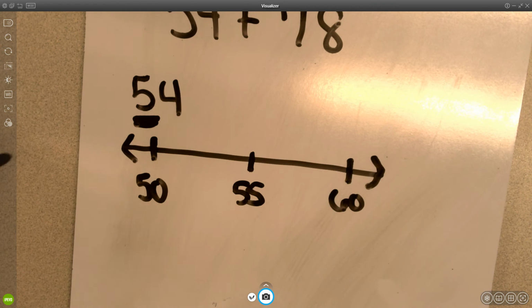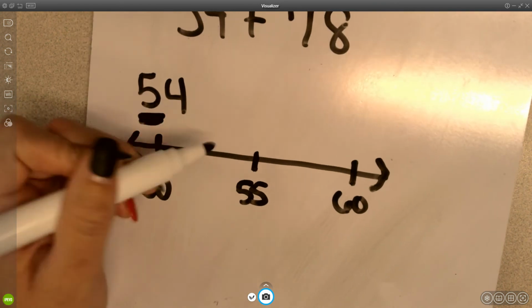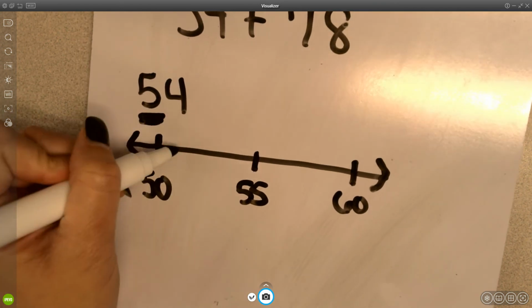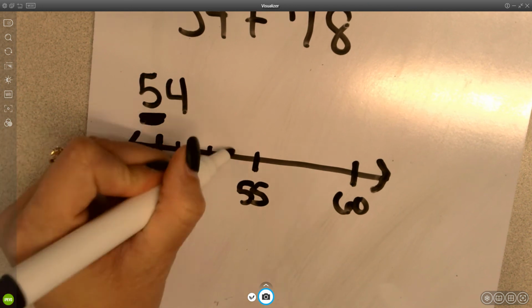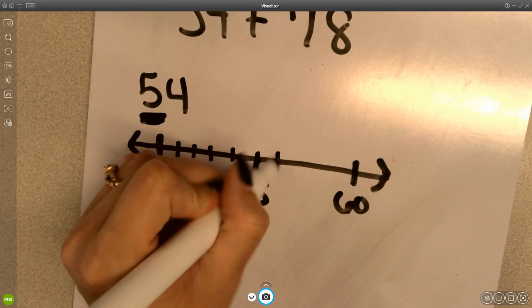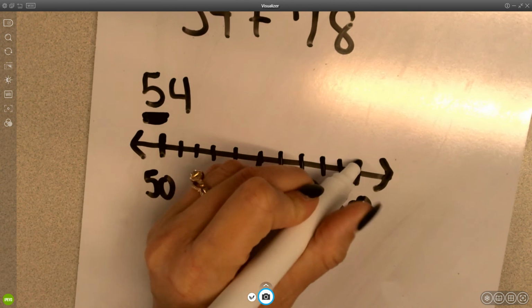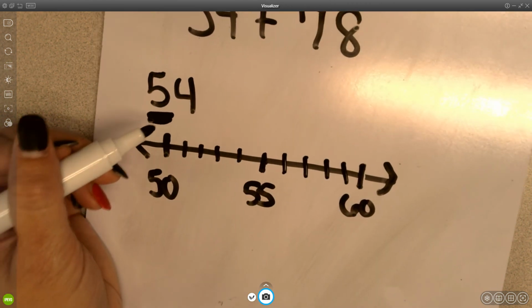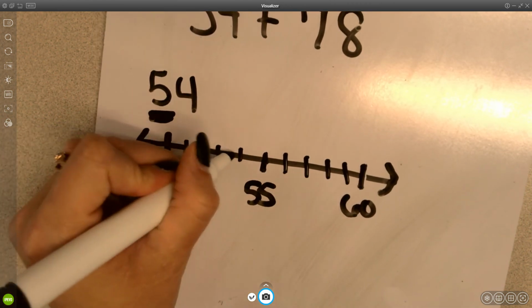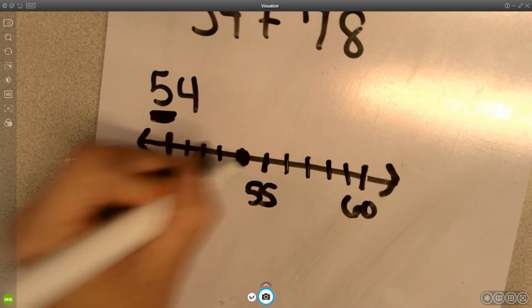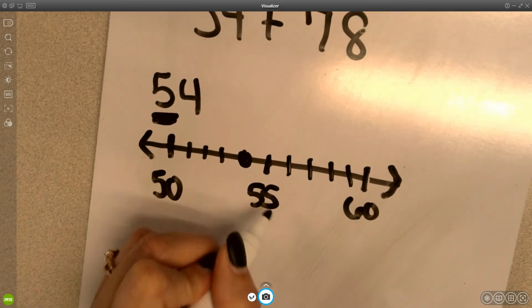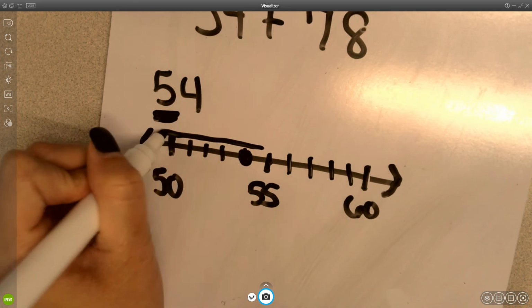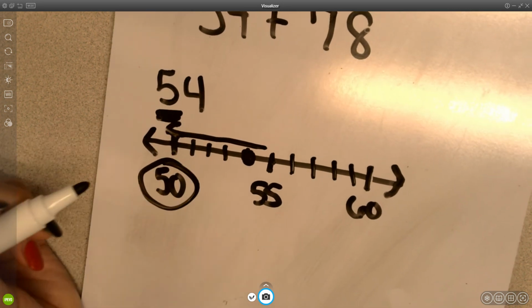Then I need to mark my other numbers on the number line: 51, 52, 53, 54, 55, 56, 57, 58, 59, 60. So my number that I'm looking for is 54. I'm going to put it right here, and it is before 55, so we're going to stay at 50.